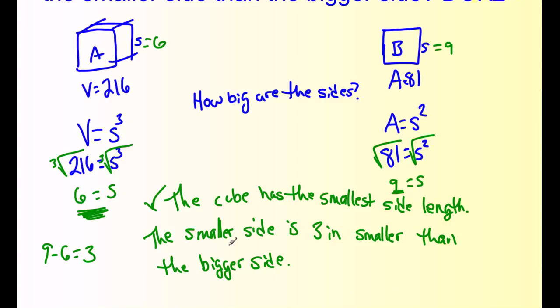And I guess we could even say, you could even throw in, if you wanted to, a little more detail. The smaller side, which is 6 inches, is 3 inches smaller than the bigger side, which is 9 inches. A little extra detail never hurts an answer.